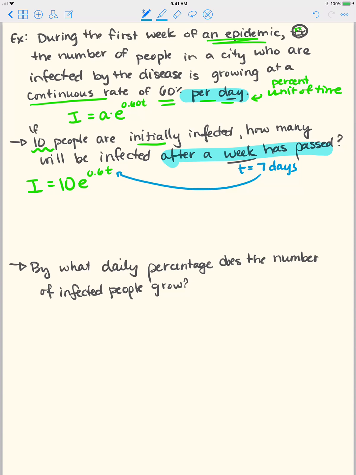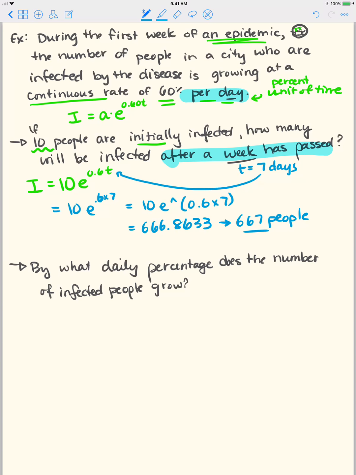So we'll just plug the number 7 in for our power, and we get 10 e to the 0.6 times 7. So again, whenever you go to calculate that, make sure that you do 10 e and then the power is the product of 0.6 times 7. And you get 666.8633. I don't know if you have to round that to 667 people, because that's the whole number it would round to, or if it asks for a decimal, just watch the directions. But you just plug in 7 for 7 days.